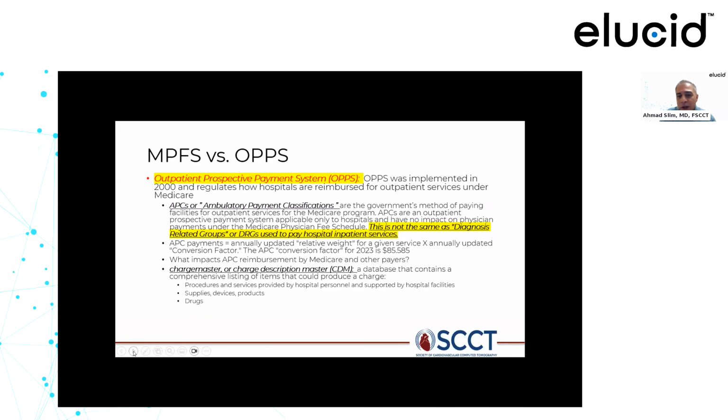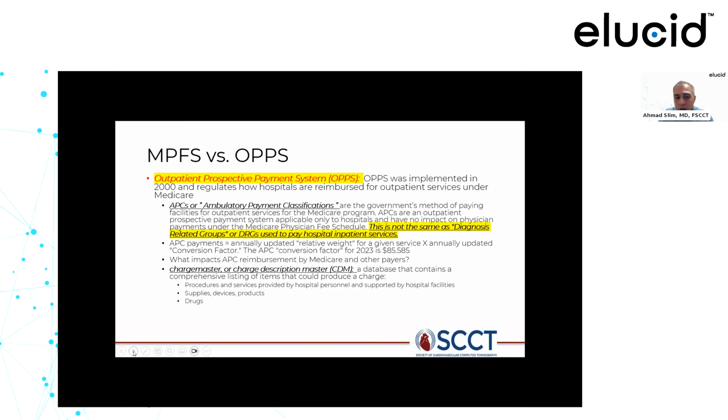The conversion factor is higher at $85 versus $33 for the physician fee schedule. But the weighing factor for the APC is affected by which category you fall into, and then the charge master. So the charge master is that list of costs that's generated by the hospital. And most of the time, the folks that generate it are not familiar with the cardiac workload.